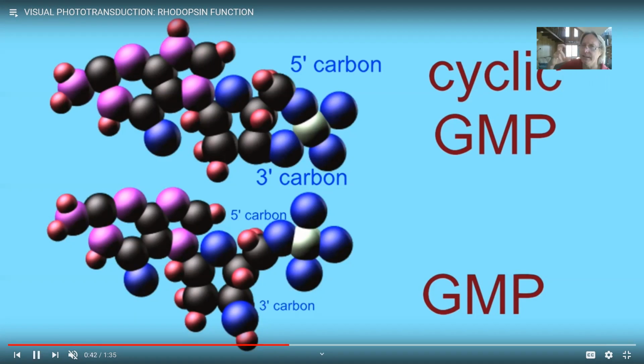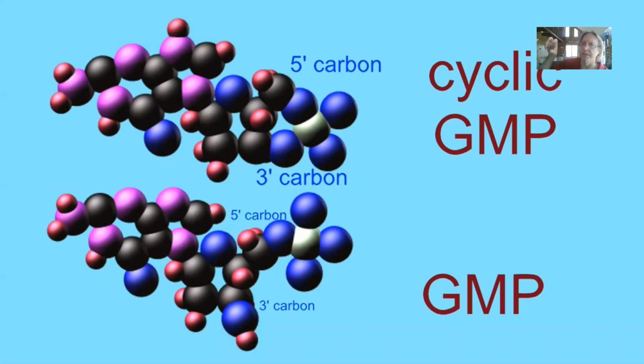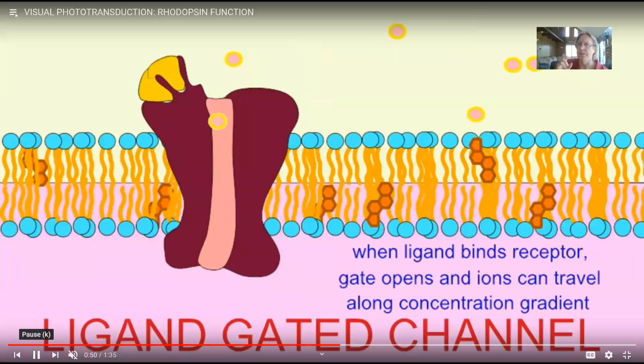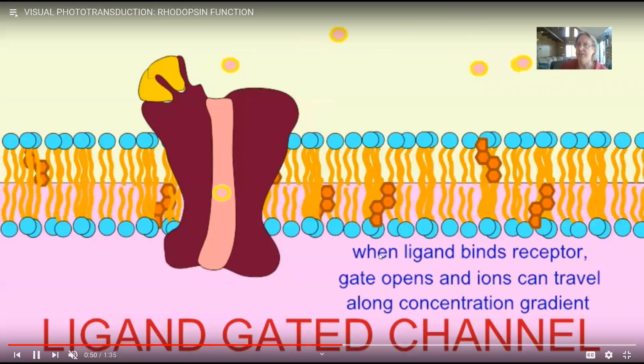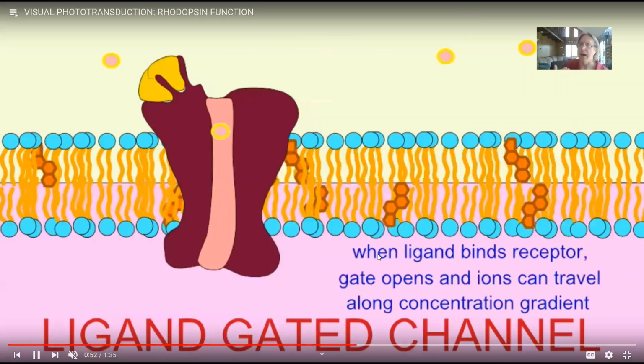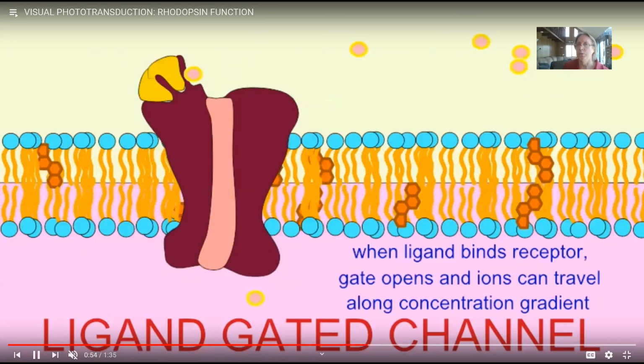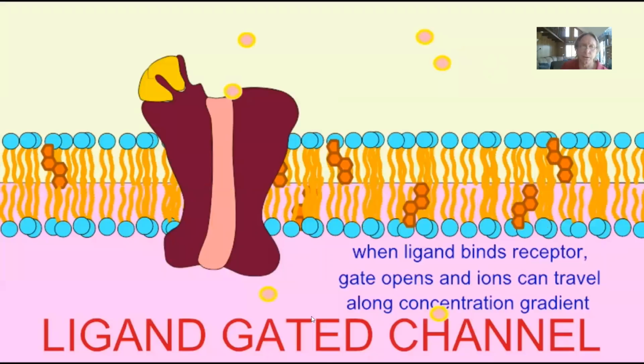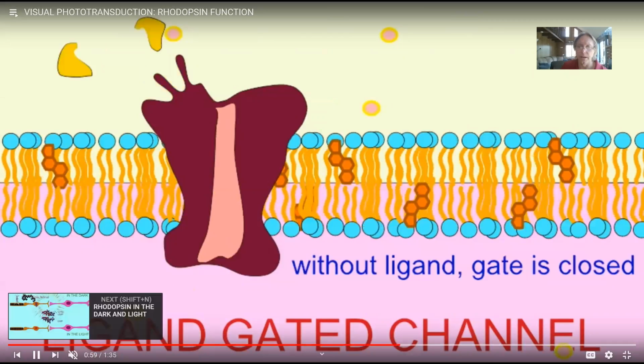All right, so light hit caused meta-rhodopsin to stick to a G protein, which then split up, which activated phosphodiesterase, which then caused cyclic GMP to become GMP, which then changed ion gates. Remember that some ion gates will be either open or closed based on what molecules can bind to them, and cyclic GMP is one of them.